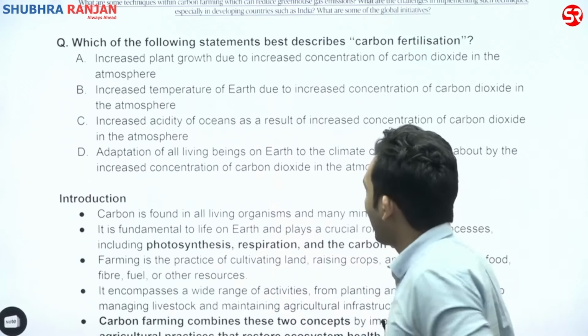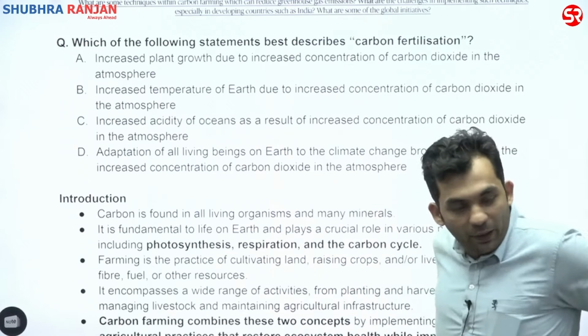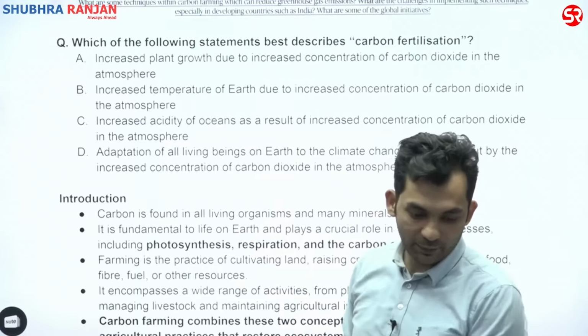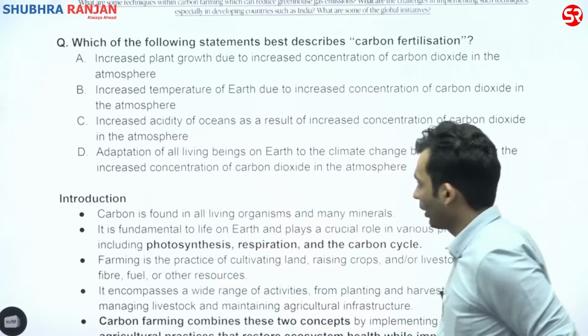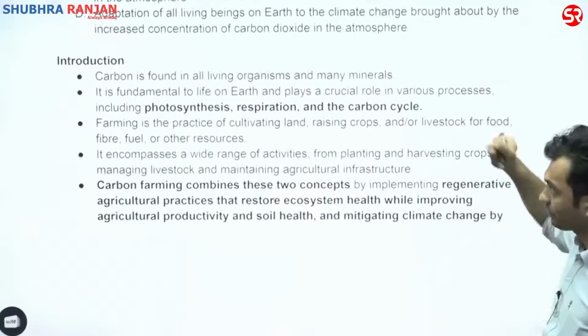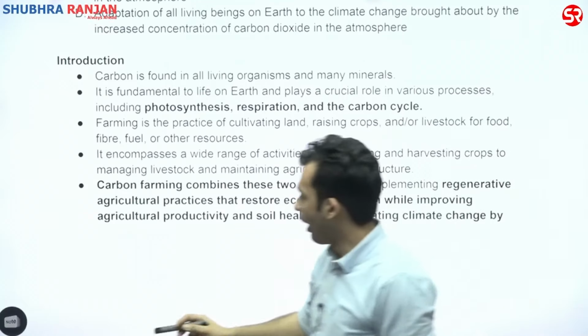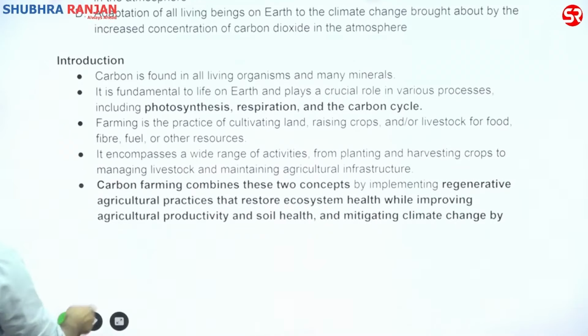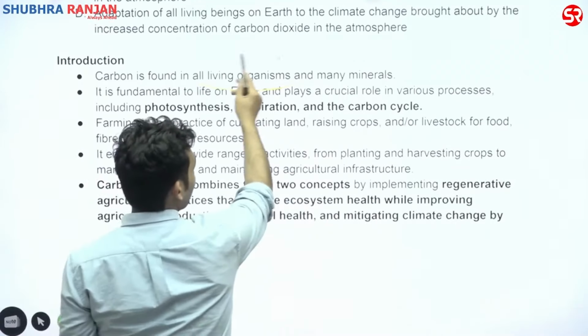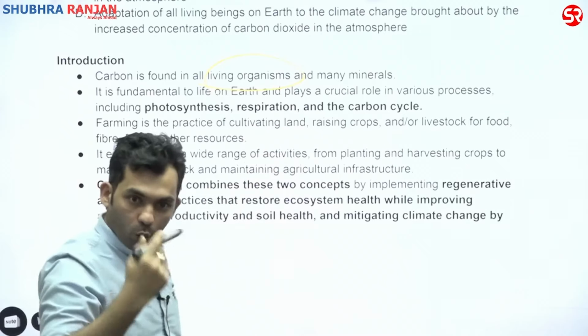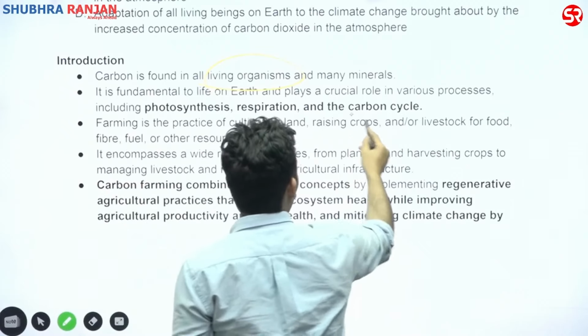Okay, let's take a look at the practice of carbon farming, what this practice is. Bear with me for 5 minutes. Carbon is found in all living organisms, right? We all have read about the carbon cycle.